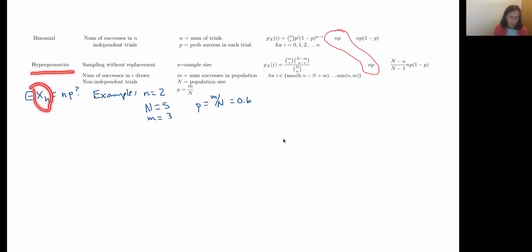Okay. So X_H here, that's our hypergeometric random variable. That's the number of successes in n trials, or draws here, and a sample of 2 without replacement would be the best way to say that. But what I want to do is define another random variable that's not X. Okay, what I want to do is define Y here.